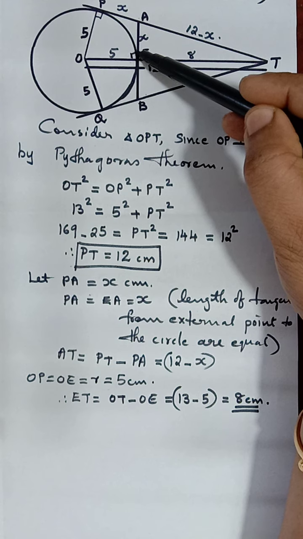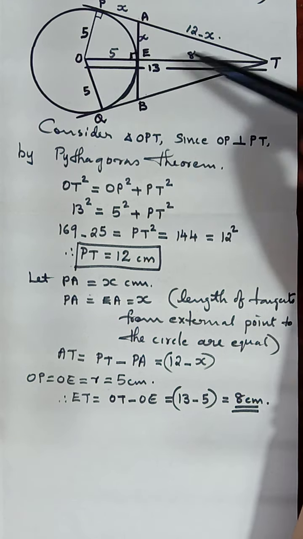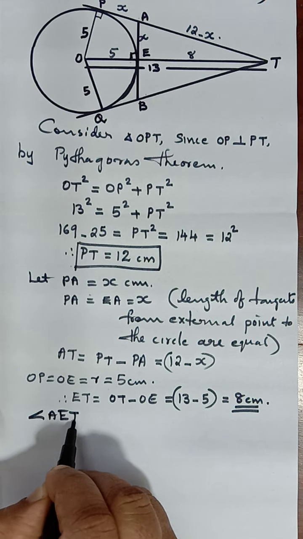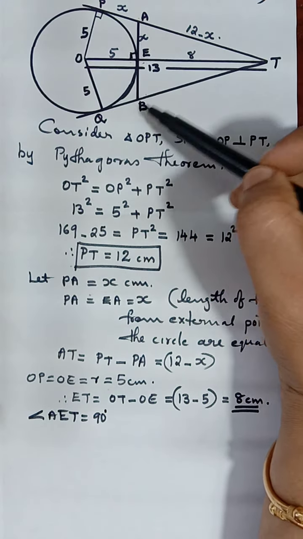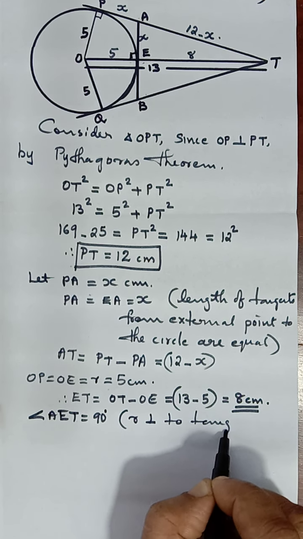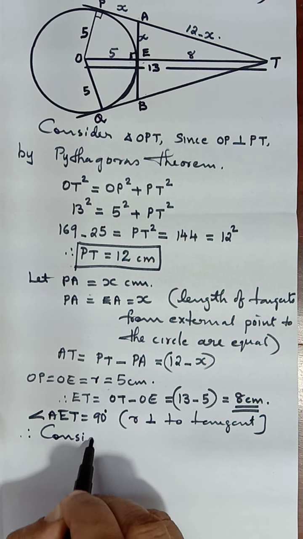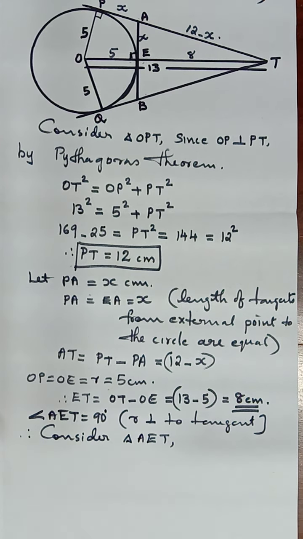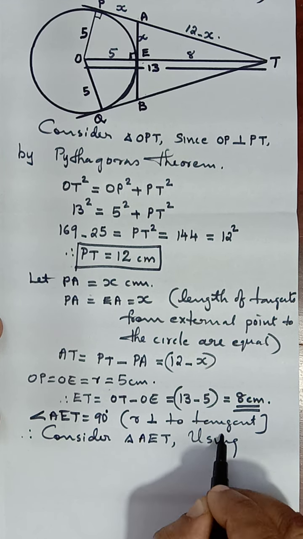So if this angle is 90 degree, obviously we can say that angle AET is also 90 degree. Angle AET equal to 90 degree. That is, radius perpendicular to tangent. That is the reason. Therefore, we are considering triangle AET. It's a right triangle, using Pythagoras theorem.